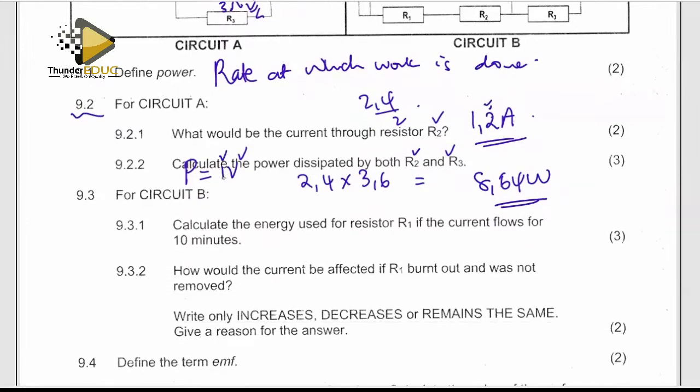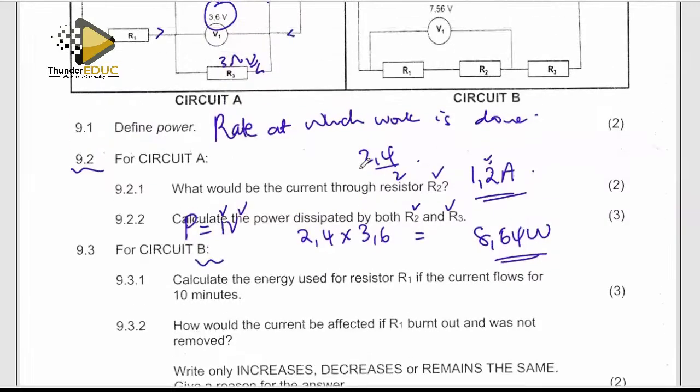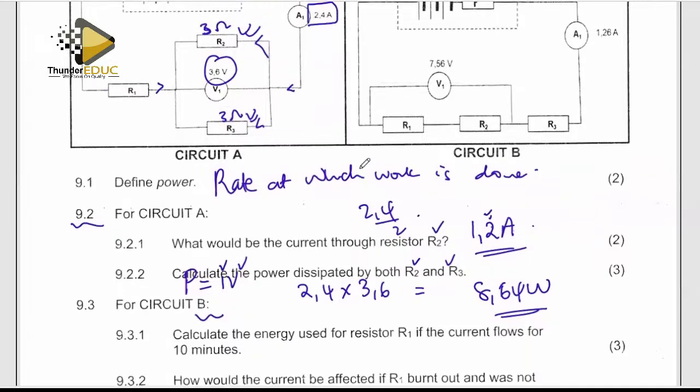The 9.3 is using circuit B. They want us to get the energy used for resistor R1 if the current flows for 10 minutes. Now we know that these resistors are in series, and for as long as they are in series, the current that is passing through them is the same.